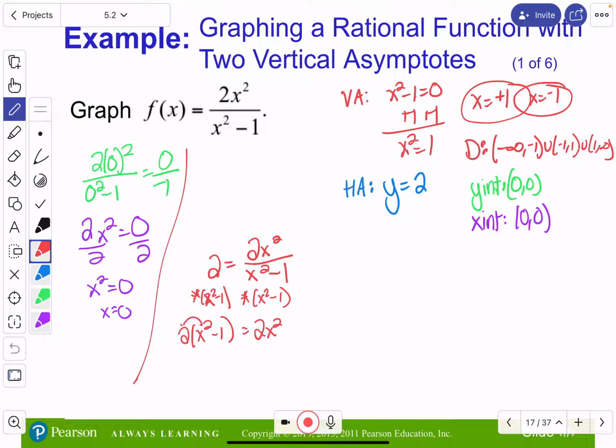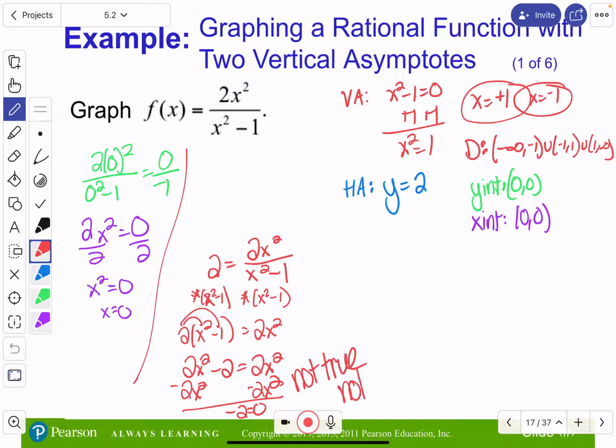We're going to distribute, so 2x² minus 2 equals 2x². Subtract 2x² from both sides, and we get -2 equals 0. That's not true, so that means there's no intersection with the horizontal asymptote, because that's never true.